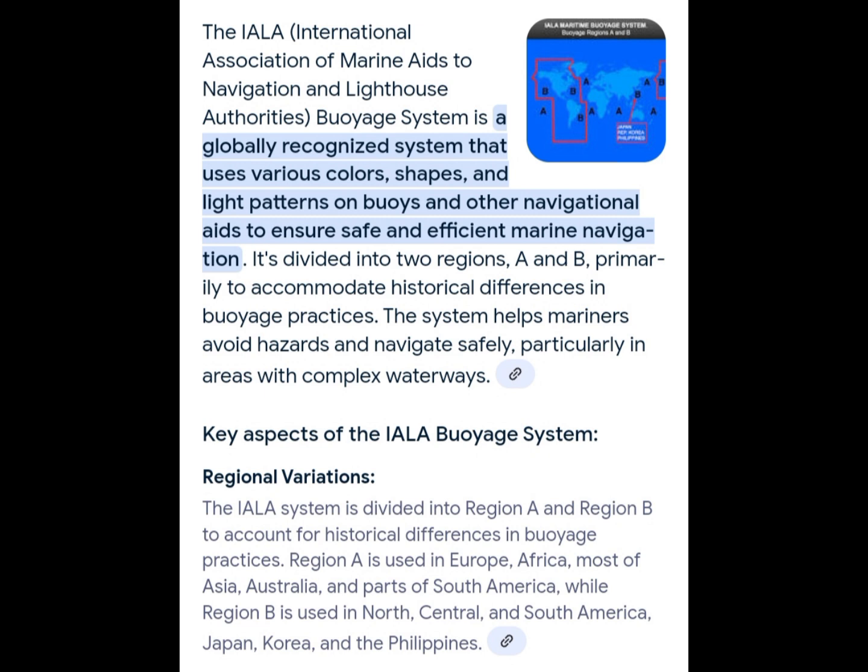It's divided into two regions, A and B, primarily to account for historical differences in voyage practices. The system helps mariners avoid hazards and navigate safely, particularly in areas with complex waterways.